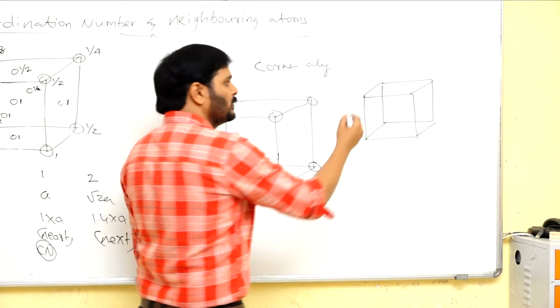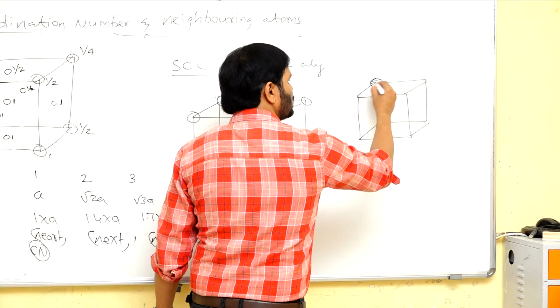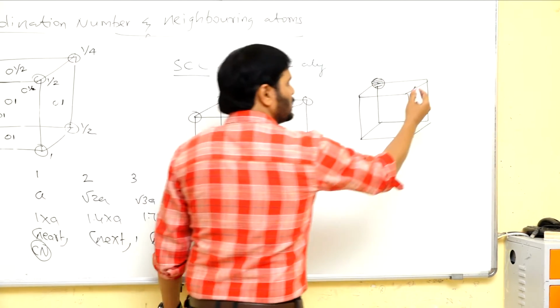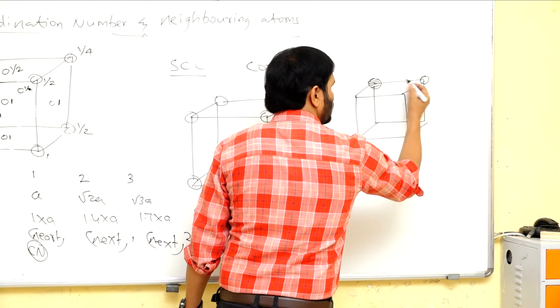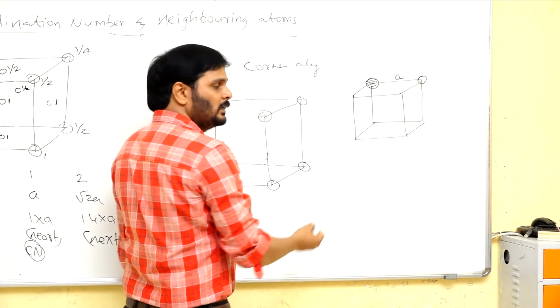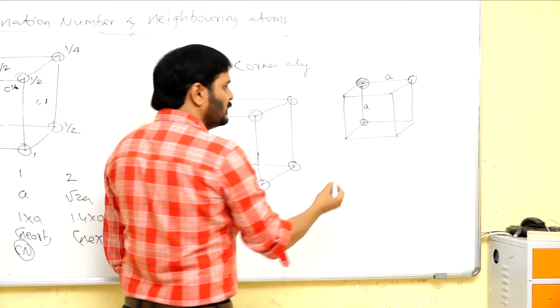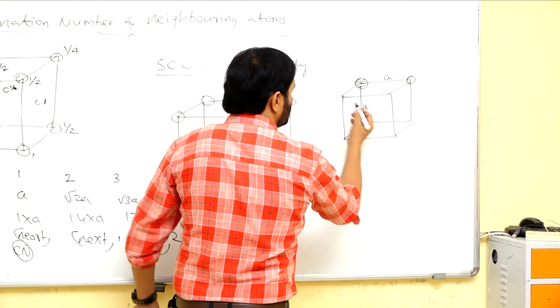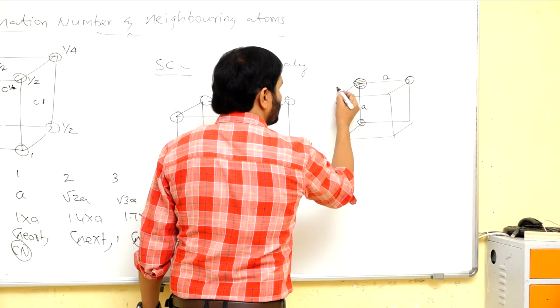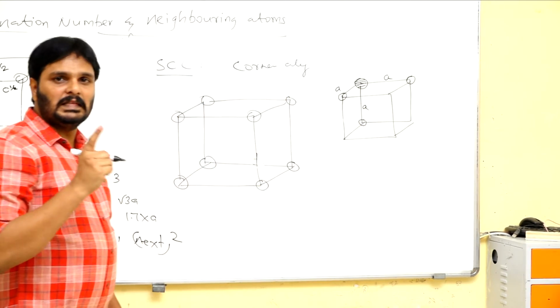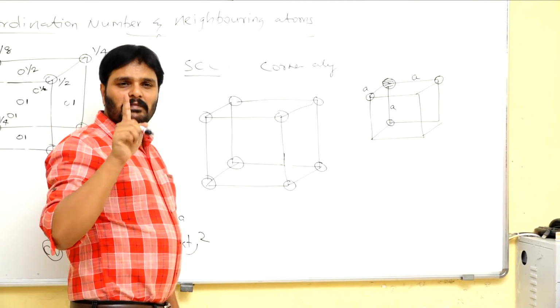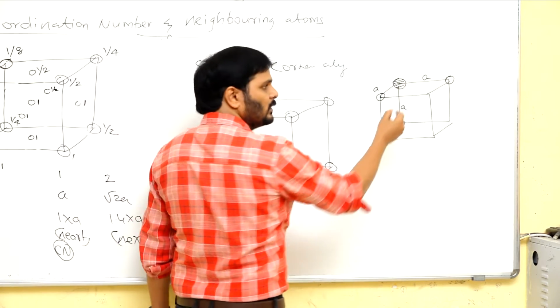In this simple cube, this is the reference point as usual. This is the nearest atom separated with the distance a. This is also a nearest atom separated with the distance a, and this is also a nearest atom separated with the distance a. So all three atoms are separated with the same distance.